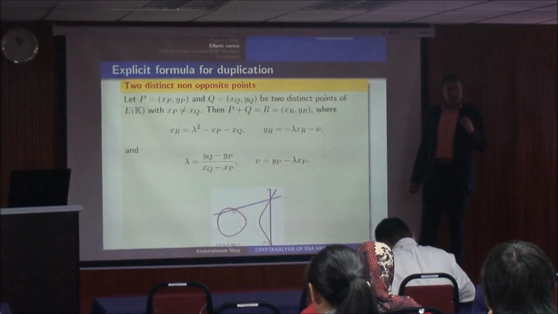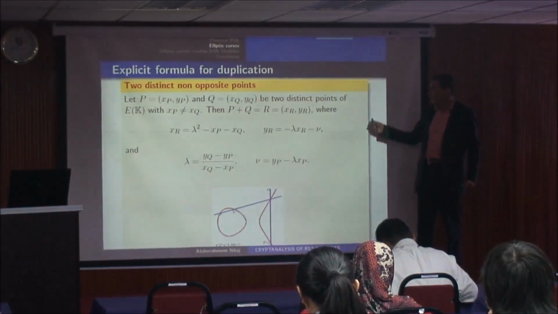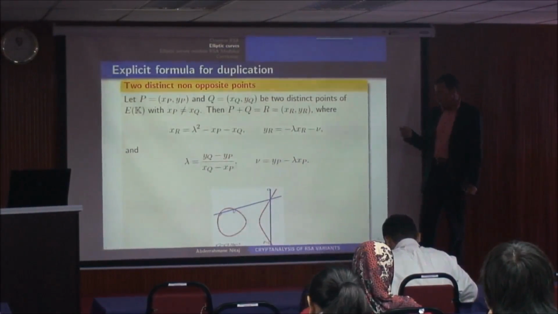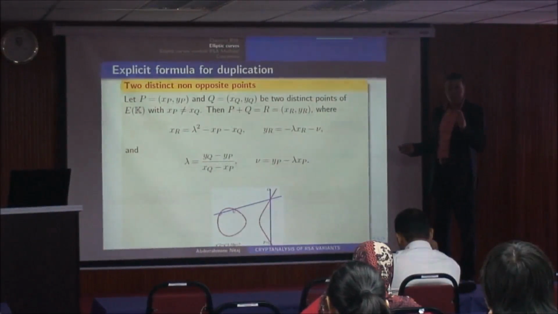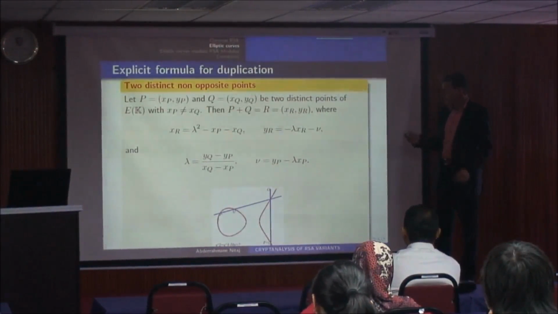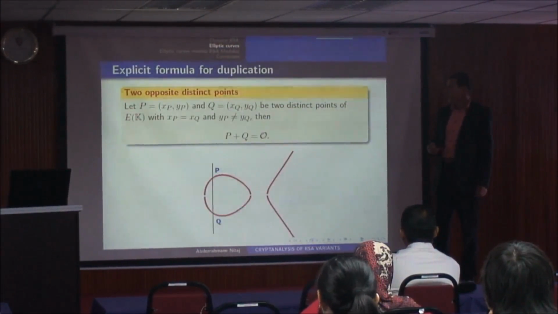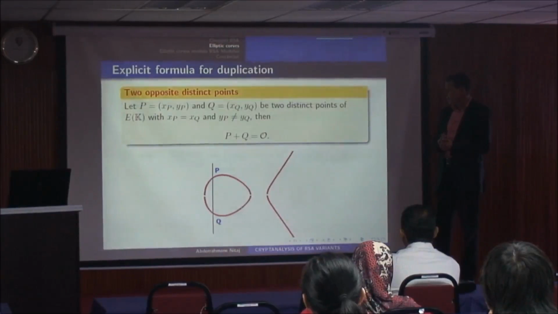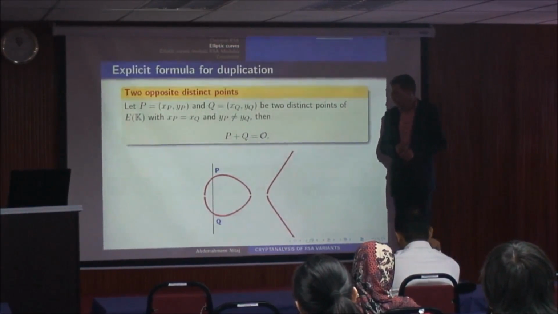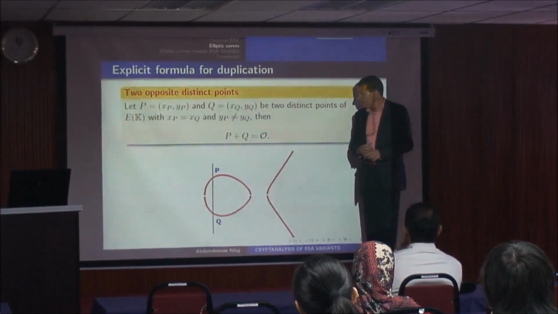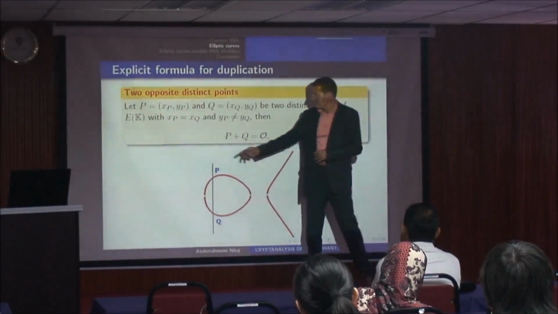So there are explicit formulas for computing P plus Q that can be implemented efficiently to compute the sum of 2 points on an elliptic curve, or the opposite of a point on the elliptic curve. Now, if we have 2 distinct points, for example, here P and Q are different, but they have the same x.